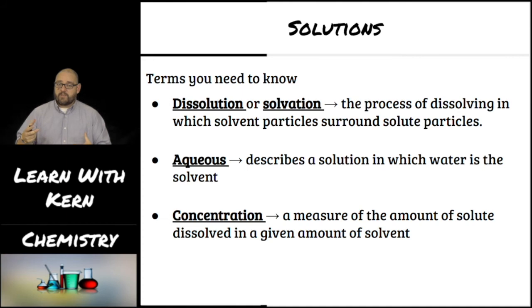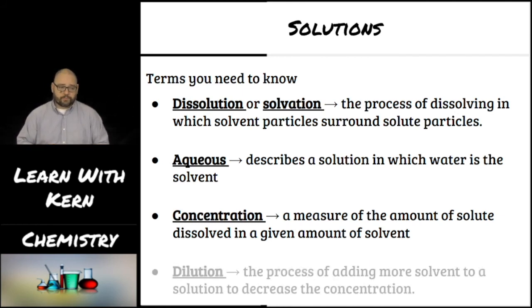Now, if I put 5 pounds of salt in a gallon of water and dissolve it, it's going to be very concentrated. It has a lot dissolved. So concentration has to do with how much is dissolved. Solubility is how much can dissolve. Concentration is how much you actually dissolved. We'll talk more about concentration in a couple of videos.